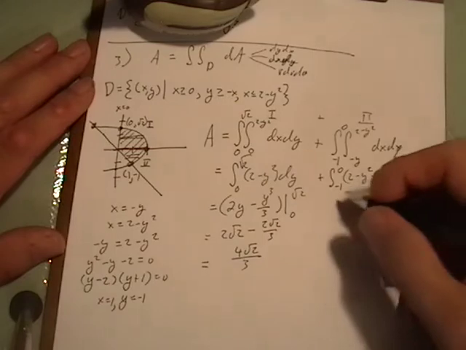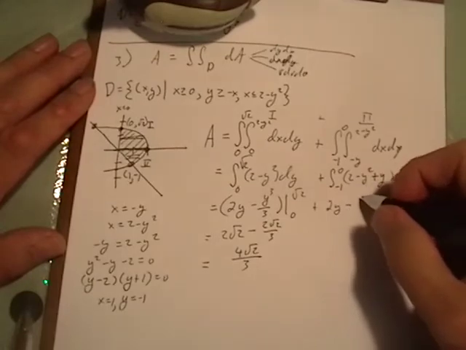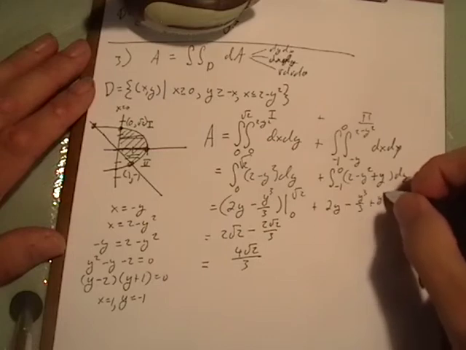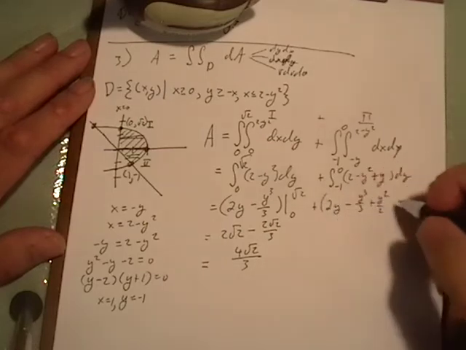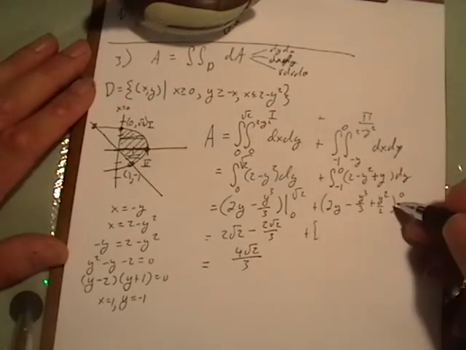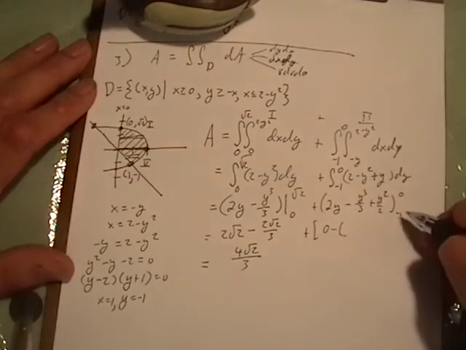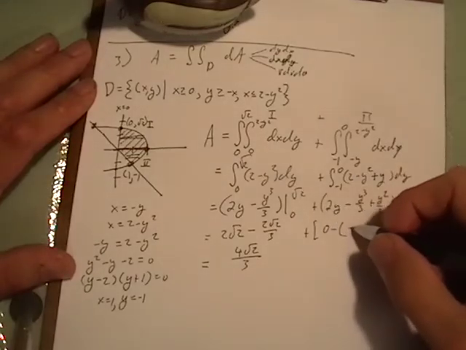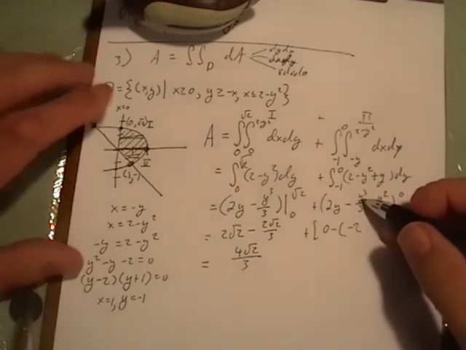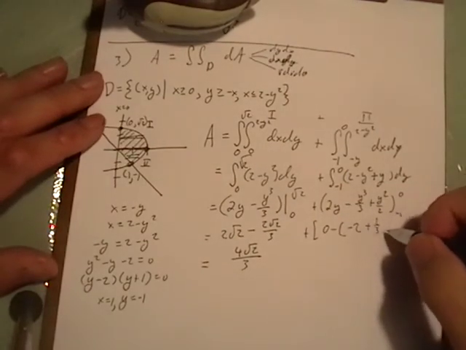Now, when we integrate this, we're going to get 2y minus y cubed over 3 plus y squared over 2, and we're evaluating from negative 1 to 0. If I plug in 0, all of the terms will be 0. If I plug in negative 1, 2 times negative 1 is negative 2. Negative 1 cubed is going to be a negative 1, but I have this other negative, so that would be plus 1/3.